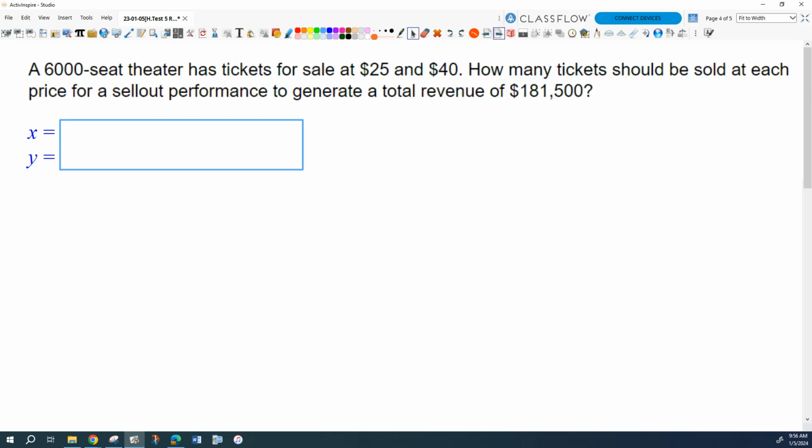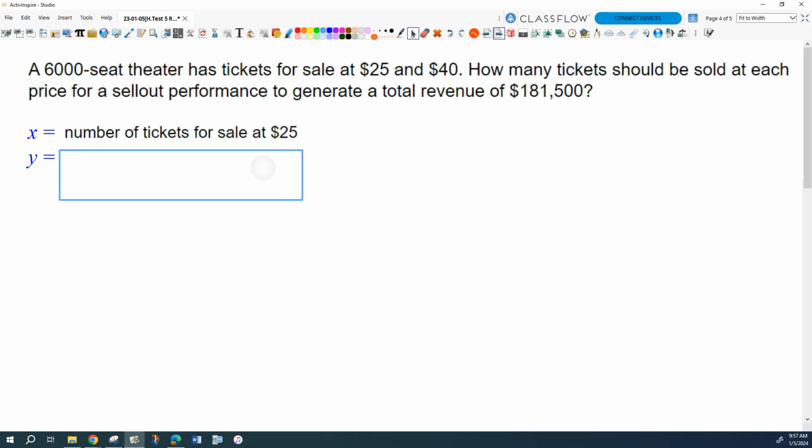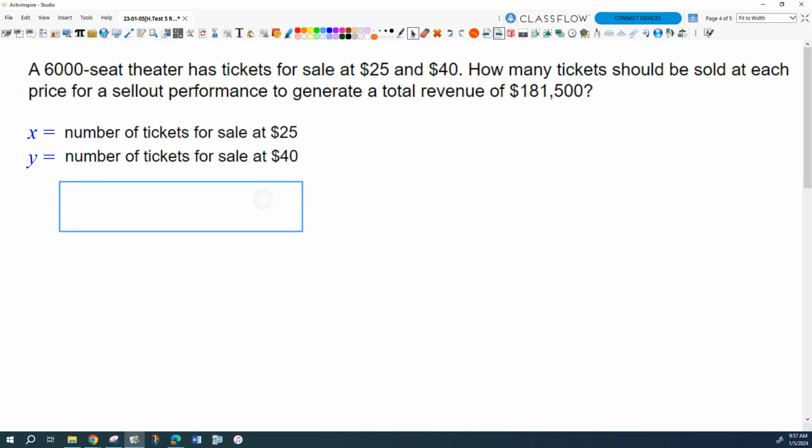Okay, how about that one? So first of all, what are the variables? Read through it real quick. And look for the question. What is it? Number of tickets of each type, right? So we've got $25 tickets and $40 tickets. Okay?